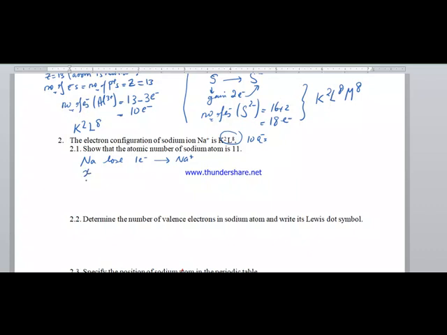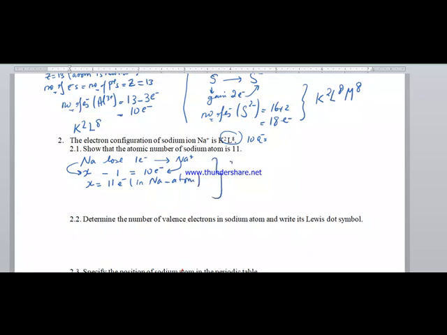We have X electrons of sodium minus 1 electron to have 10 electrons in the sodium ion. The number of electrons in the sodium atom is X, so X is equal to 11 electrons in the sodium atom.